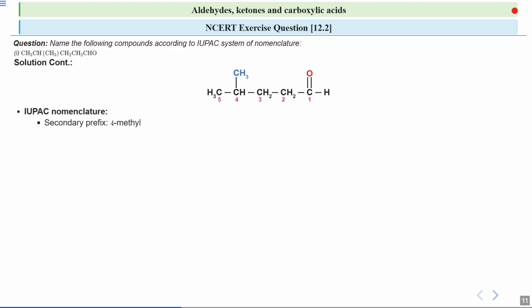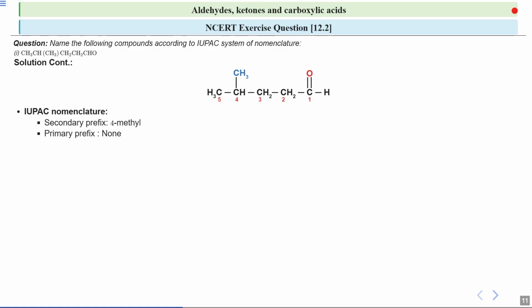So first is the secondary prefix. Secondary prefix indicates the substituents or the special groups which are attached to the parent chain. So if this is the parent chain, then you can see at the fourth carbon a methyl group is attached. So 4-methyl is the secondary prefix.